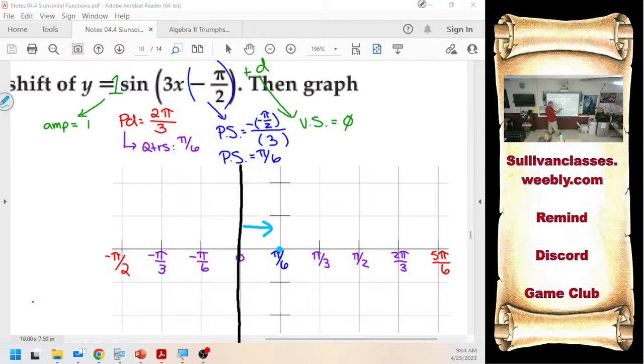So on here, it's going to look like the same graph. Up, middle, down, middle. Down, middle, up, middle. It's going to look like the normal sine graphs that we were doing yesterday, but it's shifted over pi over 6.